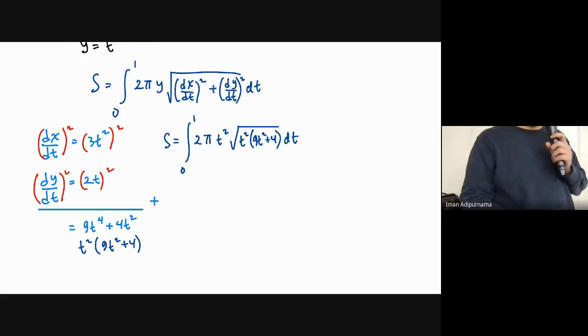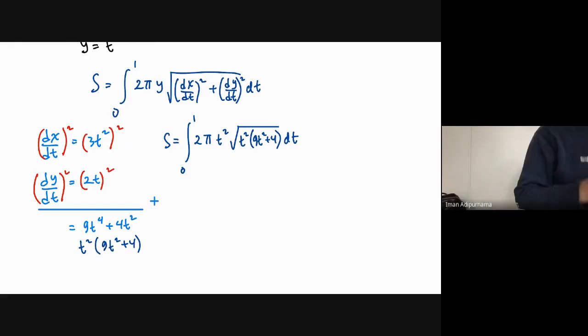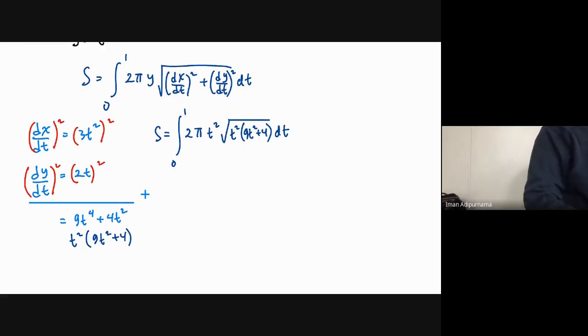What I want to show you is we can use just simple substitutions. If I write u, let me find this 9t squared plus 4.